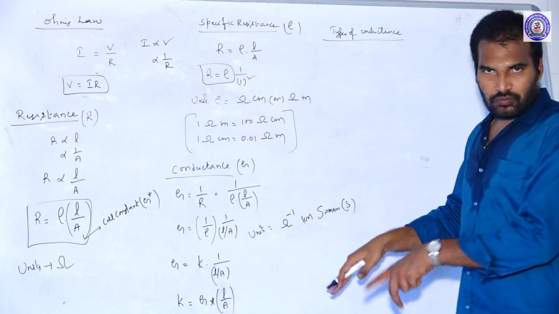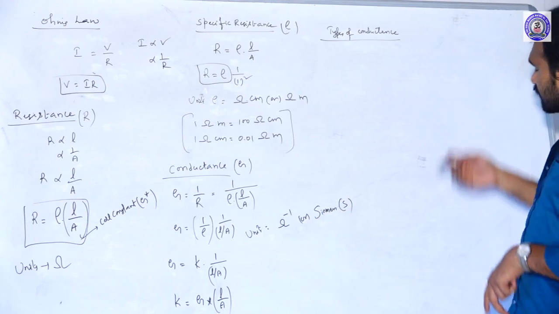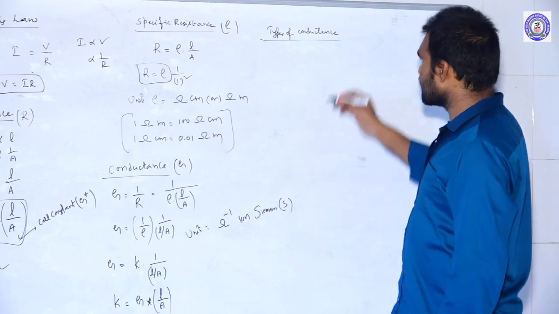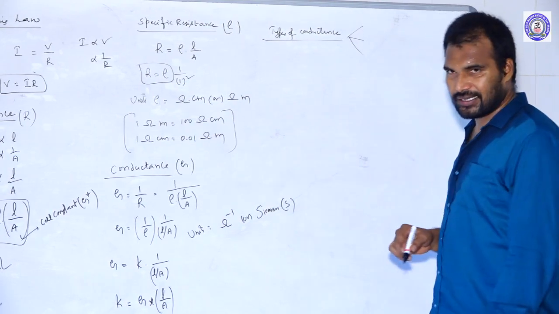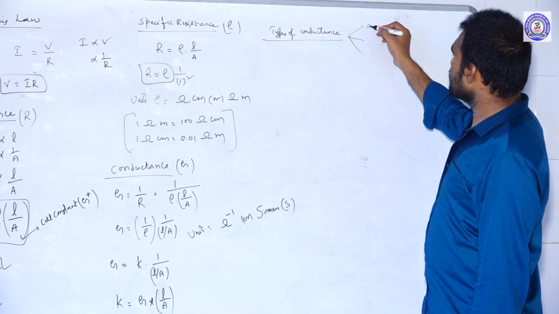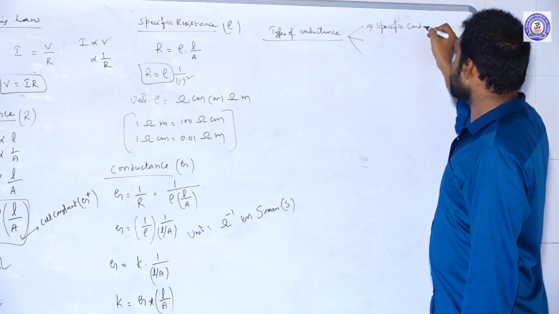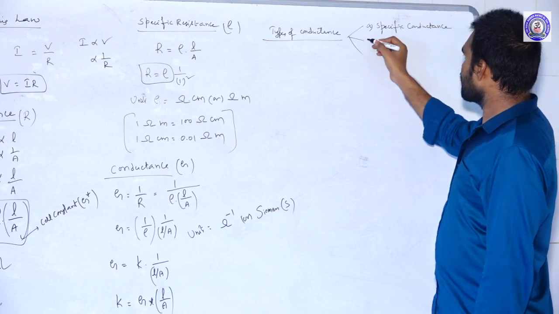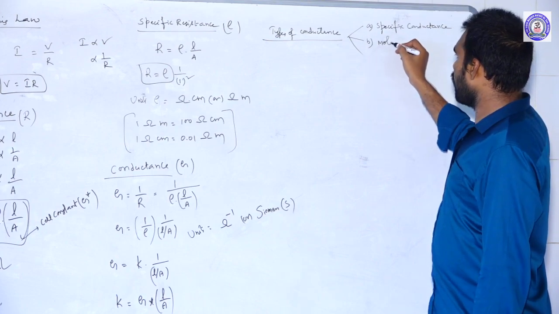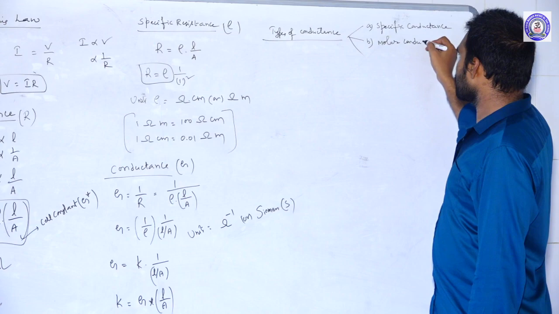So conductance, we know, is the reciprocal of resistance. Now, types of conductance. How many types of conductance are there? There are 3 types. One is specific conductance. The second one is molar conductance.